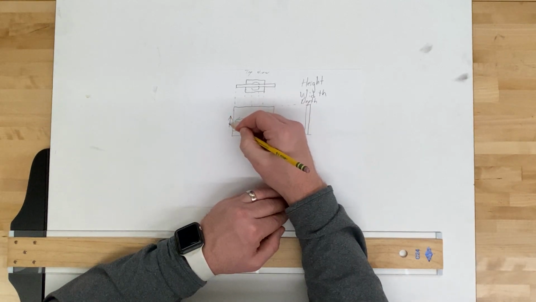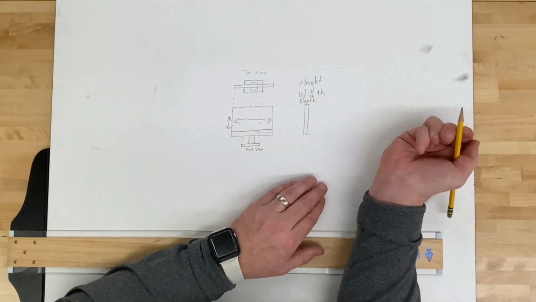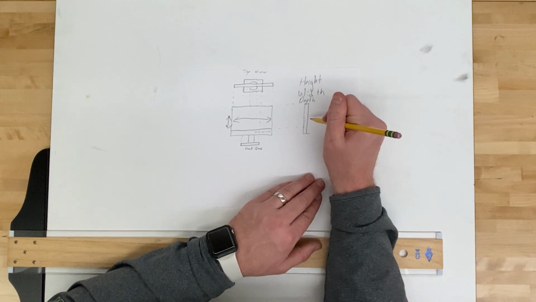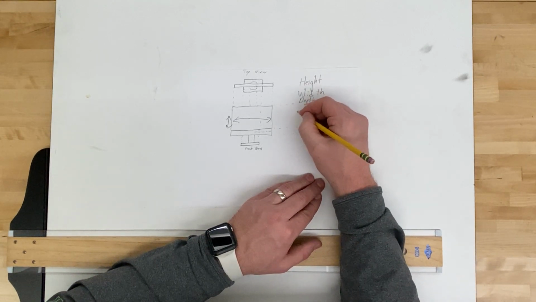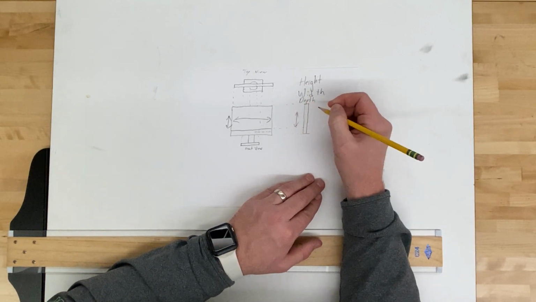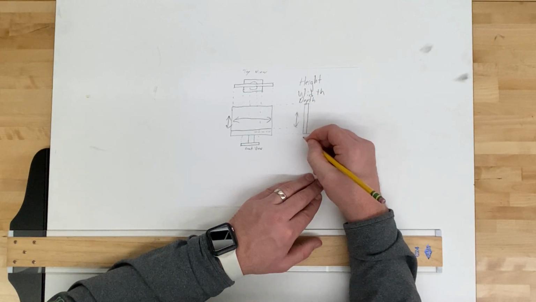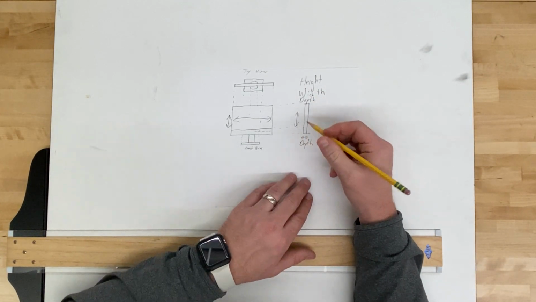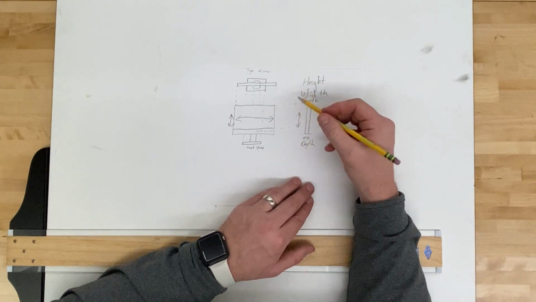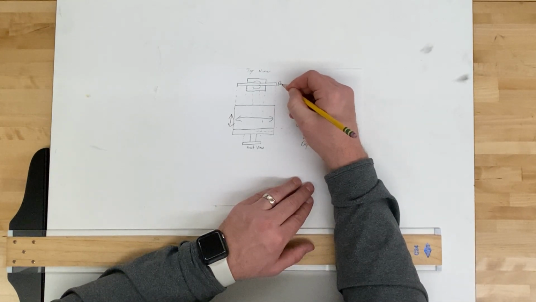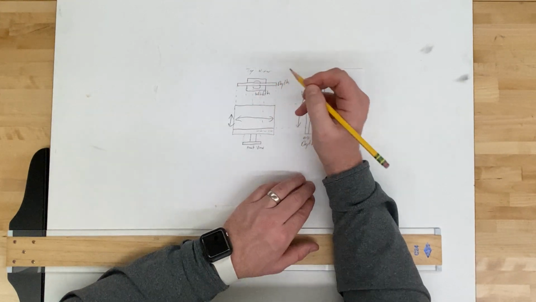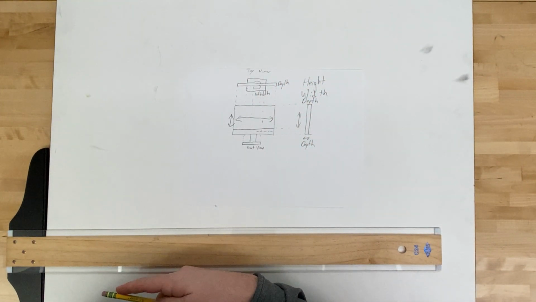And a height. If you're looking at your side view, you still have the height, but now you have depth. Your top view, you have depth and width. Each view has 2 of the 3 dimensions.